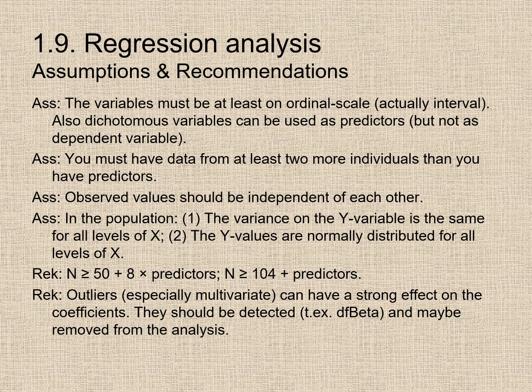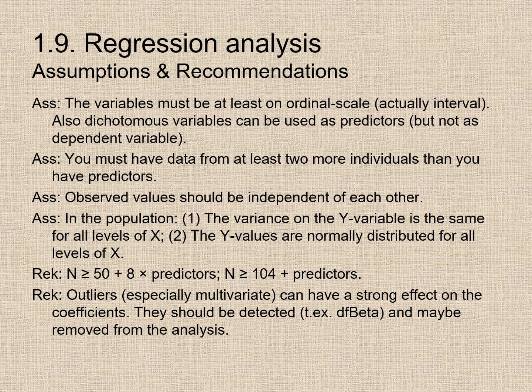Somebody else said the number of individuals should be at least 104. How do you come up with 104? 103 is not enough. It must be 104 plus the number of predictors. But of course, the general rule is the more the better. The more data you have, the better it is.